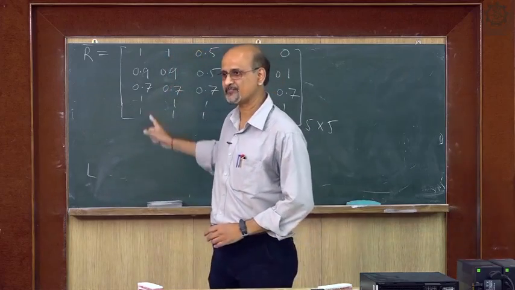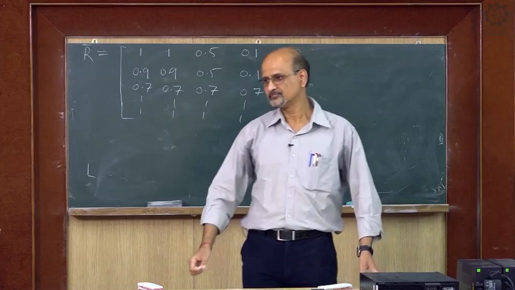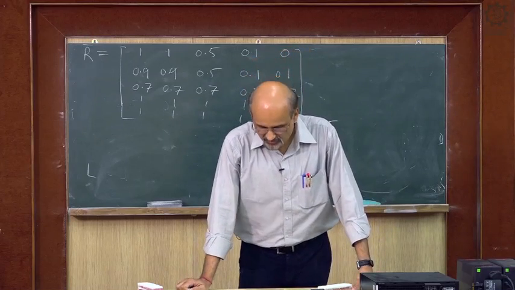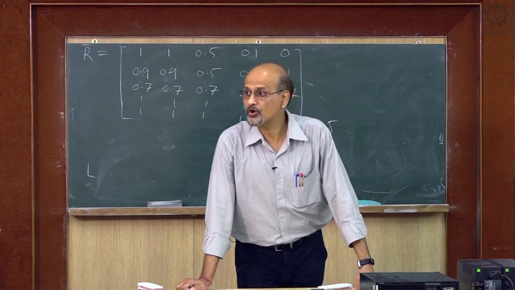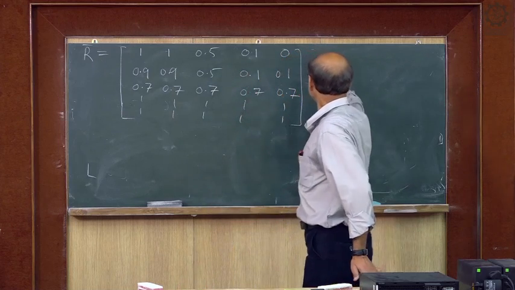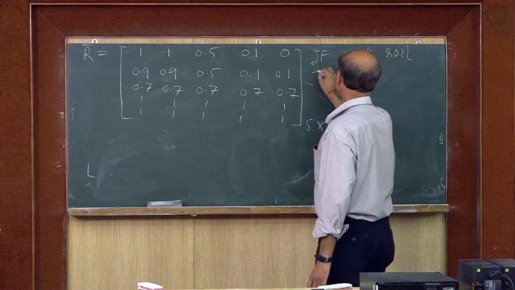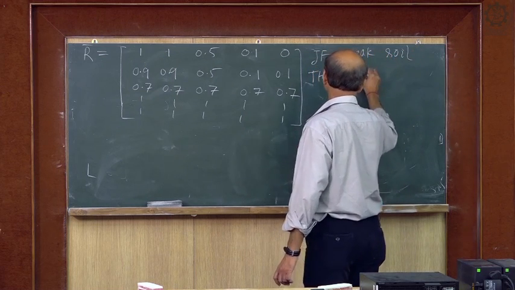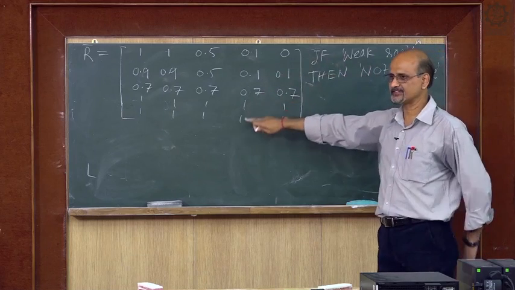This is your relation matrix for: if weak soil, then not stable. Okay? From this you have generated this R.